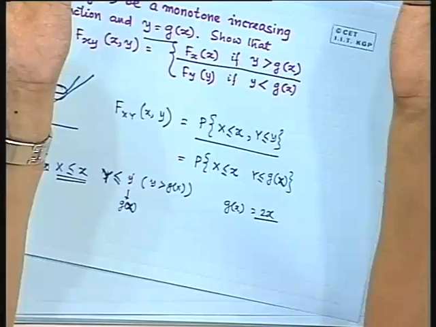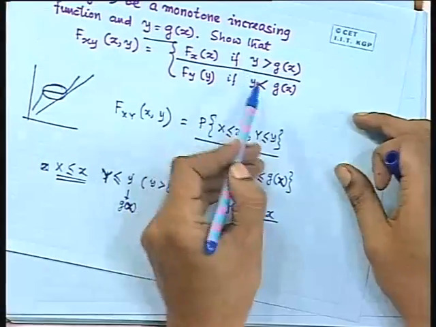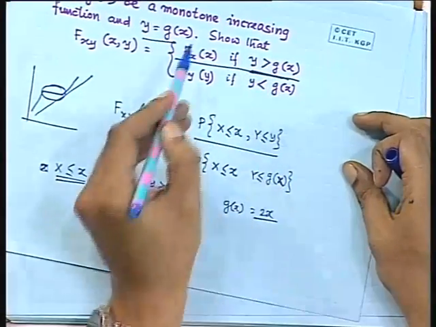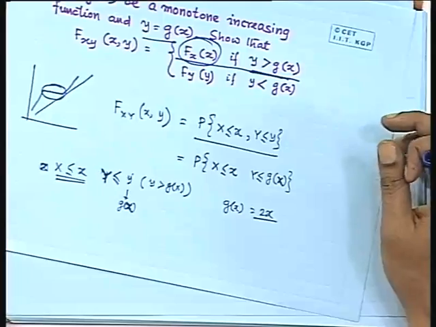You are just artificially putting that value 3. If X is less than or equal to 1, then Y cannot go beyond 2. So even if you are putting a value 3, between 2 and 3 you will not get any value of Y. It's as simple as that. So that's why when y is greater than g(x), only this x limit applies.